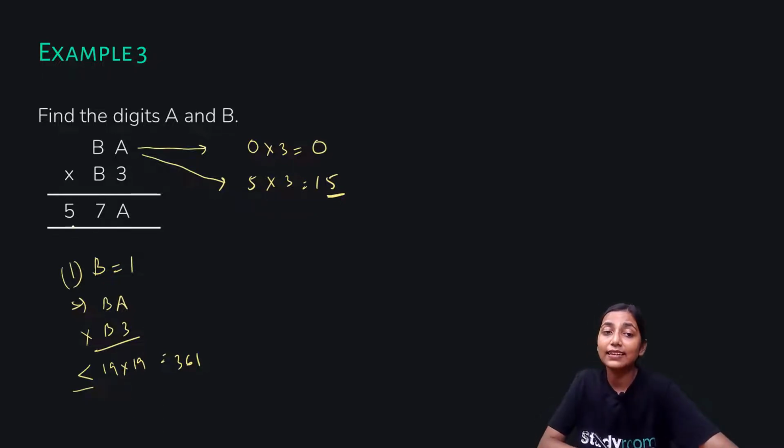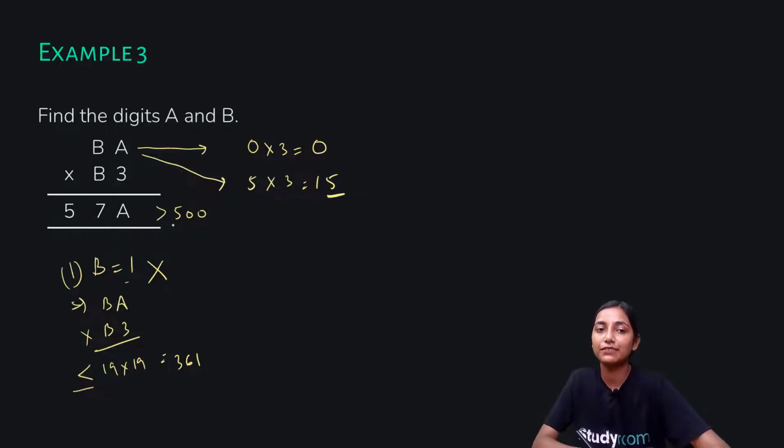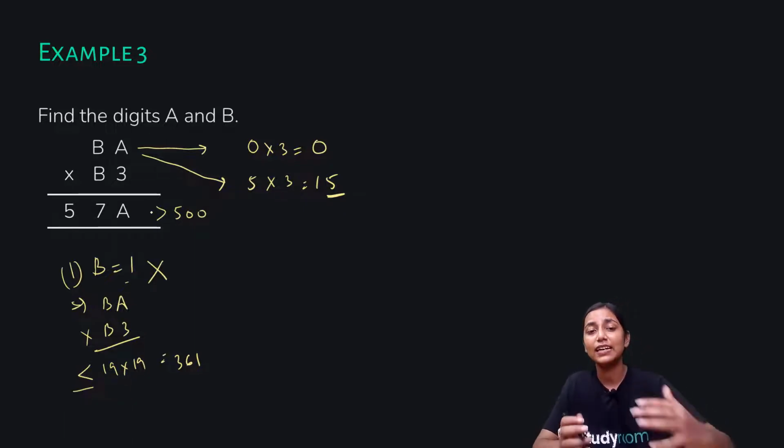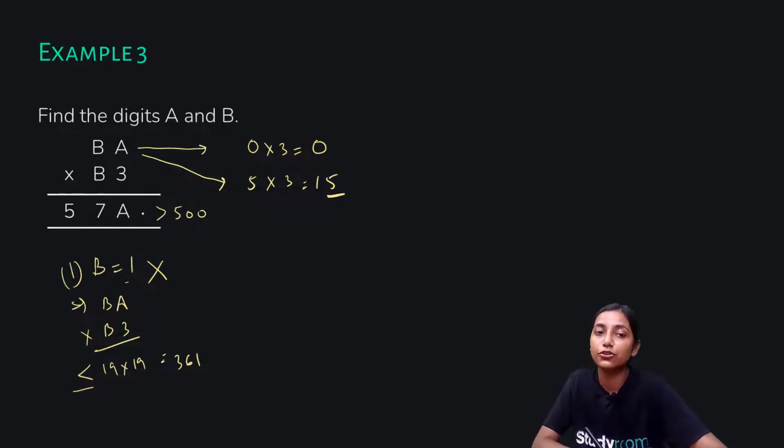But at the end, our product is 57A, that is greater than 500. Therefore, we cannot take B as 1, because if we take B as 1, our product will be equal to or less than 361, which is not the case here because our product is greater than 500, that is 57 something.